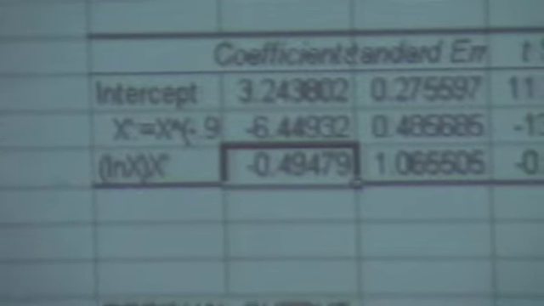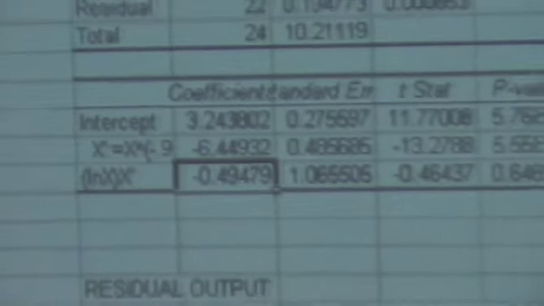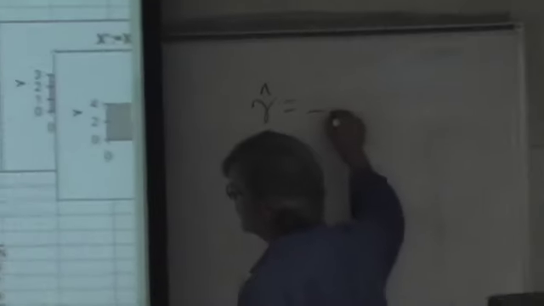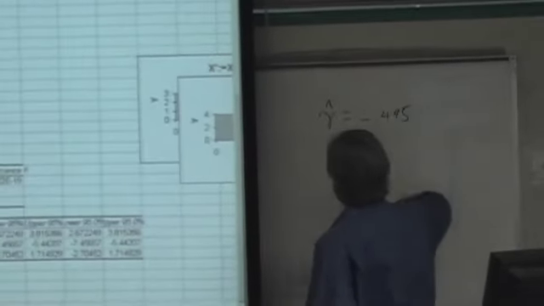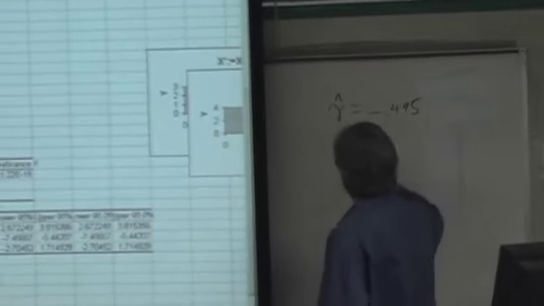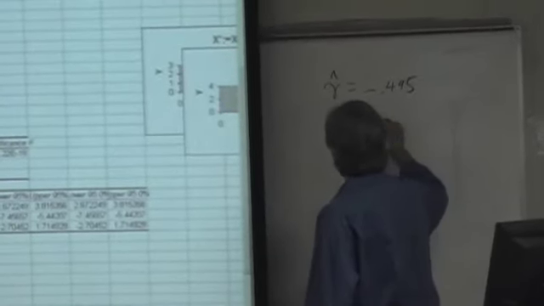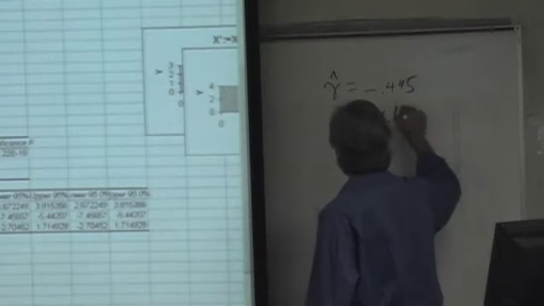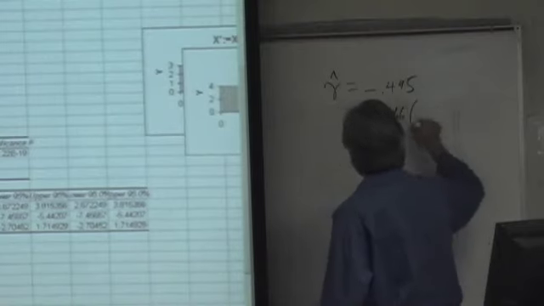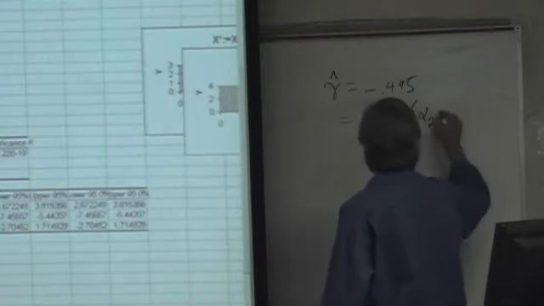Gamma hat. So therefore, what do I have? I've got gamma hat equals negative 0.495, and that's equal to the beta 1 hat, which is the negative 6.66, times alpha 2 minus 1.